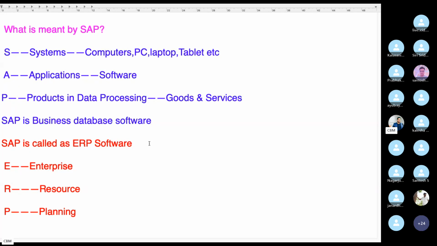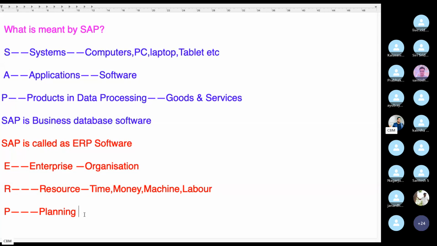Enterprise resource planning. So what does enterprise mean? Enterprise means organization. Resource means time, money, machine, labor. These are all called resources.